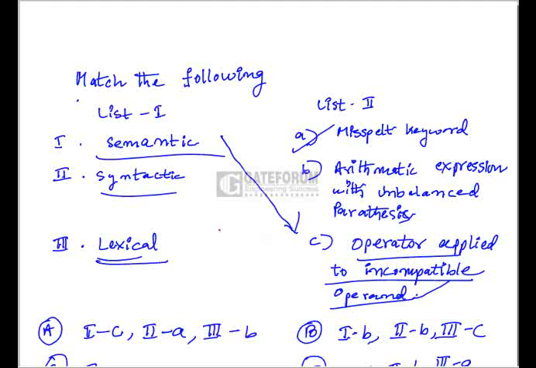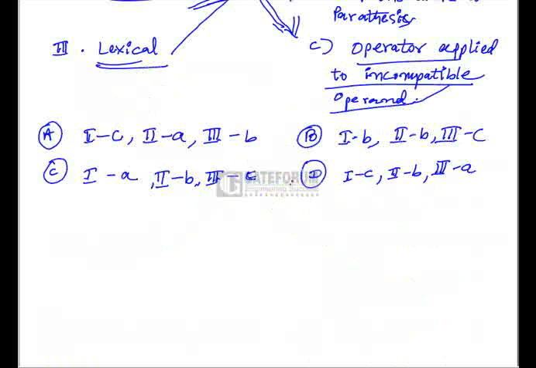So syntactic is related to arithmetic expression with unbalanced parentheses. Usually the syntactic structure will be implemented through pushdown automata. Semantic is the meaning. So 3 is related to A, 2 is related to B and 1 is related to C. So option D is the right option here.